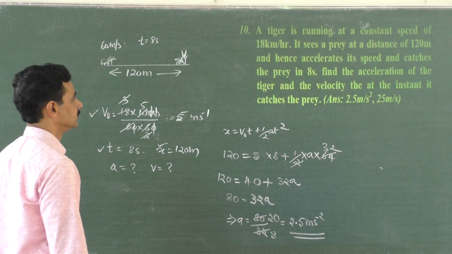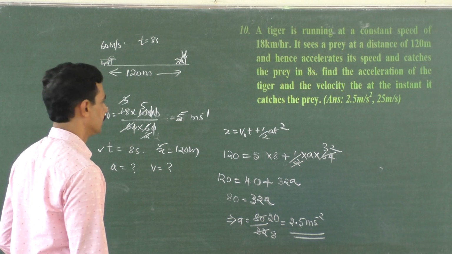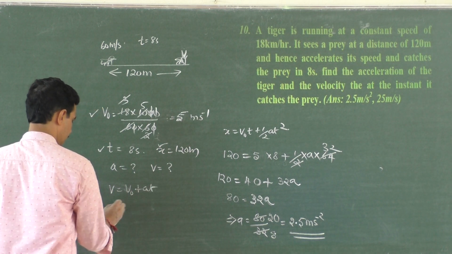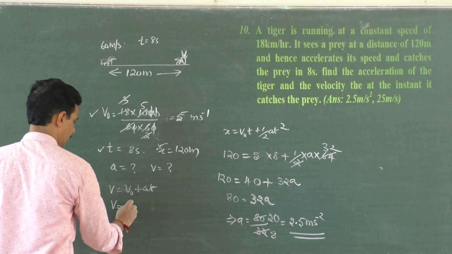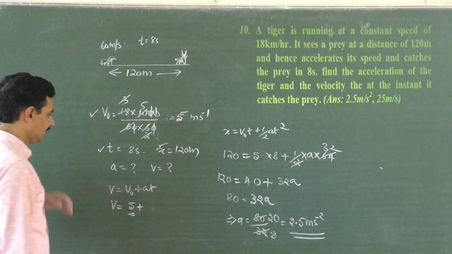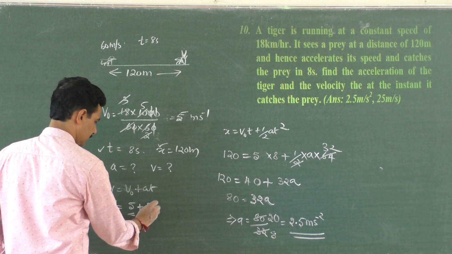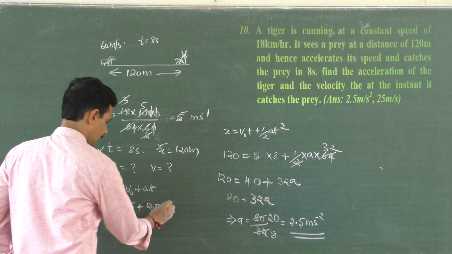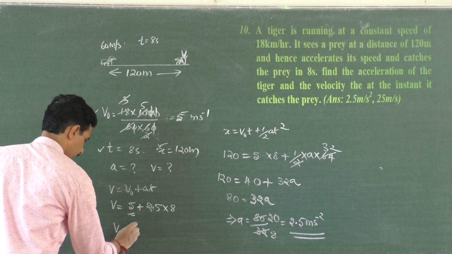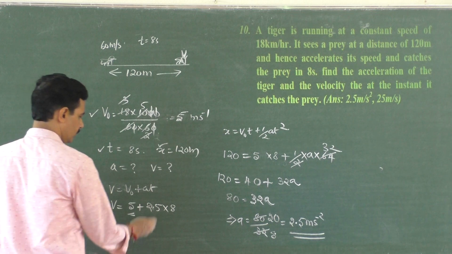What about final velocity they are asking? v is equal to v naught plus a t. v is equal to 5 plus, I remember this properly now, 5 plus a is 2.5, I can put that, or I can put 20/8. t is 8 seconds. Okay, v is equal to 5 plus 2.5 of 8.